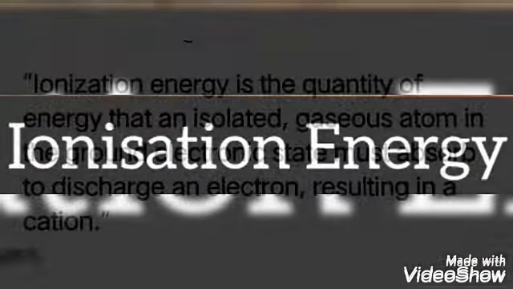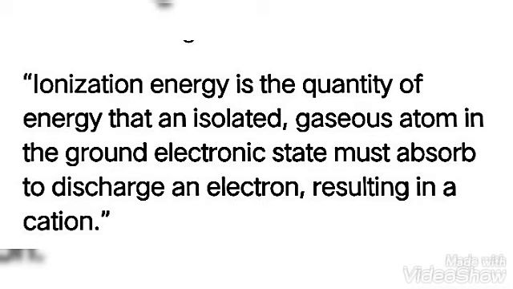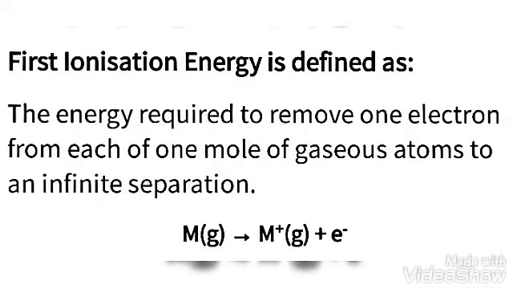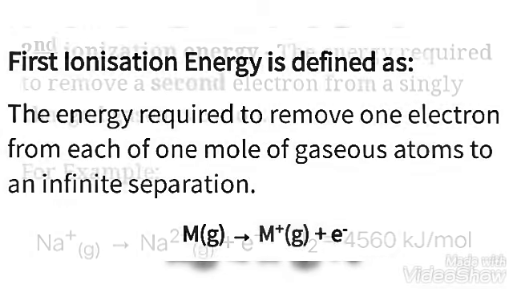Ionization energy. It is the amount of energy required to release an electron from an isolated gaseous atom. Ionization energy depends upon the number of electrons which are given out. The energy which is required to remove the first electron from a gaseous atom is called first ionization energy.